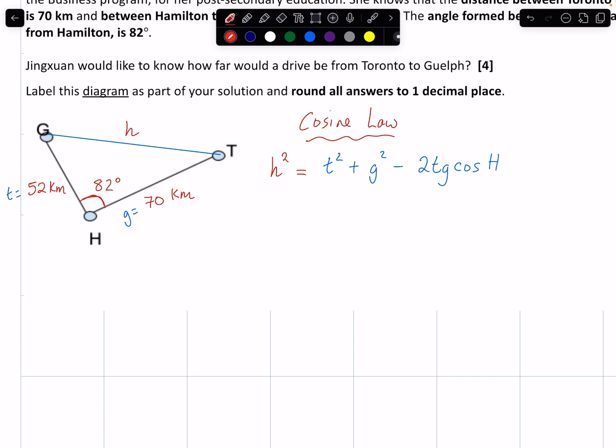So now let's sub in our numbers. So 52 squared plus 70 squared minus 2 times 52 times 70 cos of our angle H, which is 82.